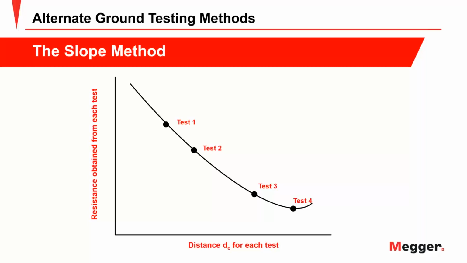And you want to get test results that fall fairly close together. So test 1 and test 2 are kind of scattered. They sort of tell you that, well, your test conditions weren't ideal, and those results are somewhat in question. But if you'll note that with test 3 and test 4, the results are starting to fall relatively close together.